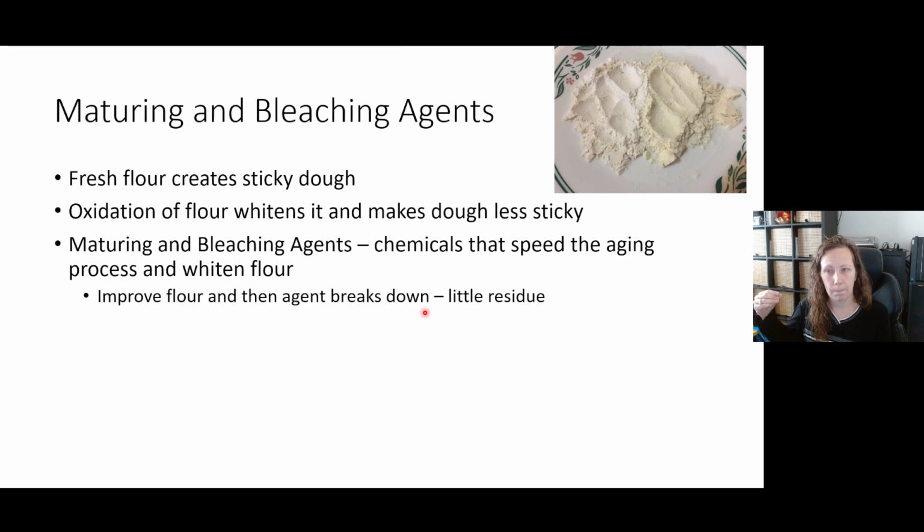So after they do their work, they are no longer detectable as whatever they were added as to begin with, and they leave very little residue. So you're not going to find these maturing and bleaching agents necessarily if you do a test on the flour, because they've broken down, and then often they have just evaporated into the air, and you'll see why in a second.